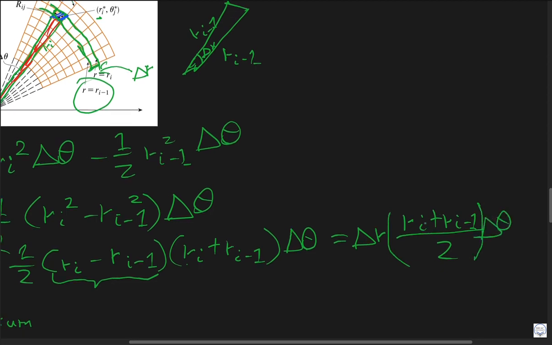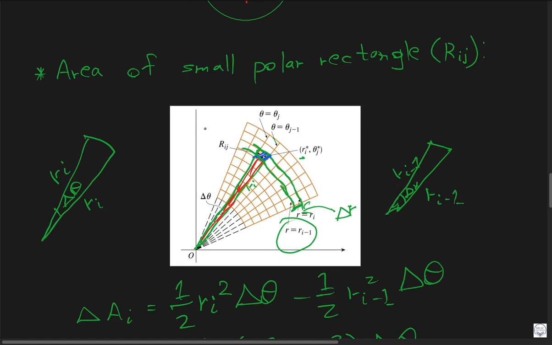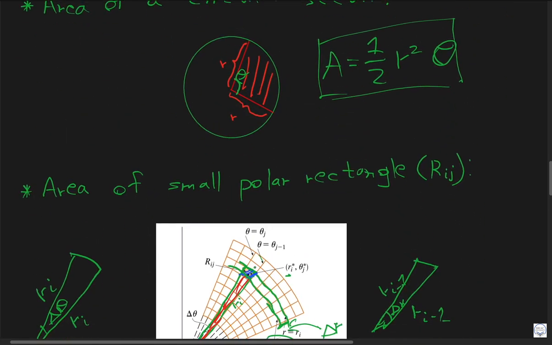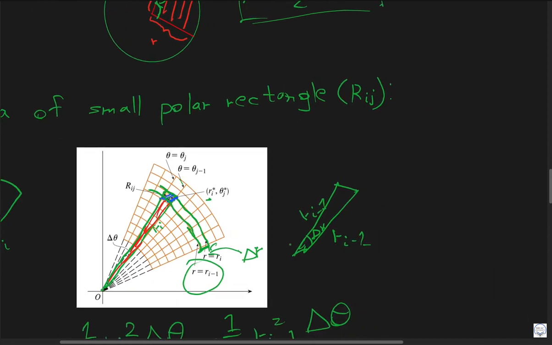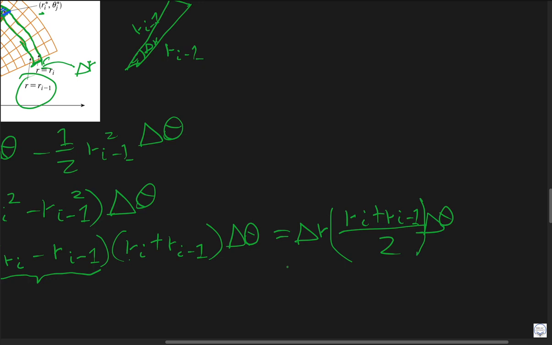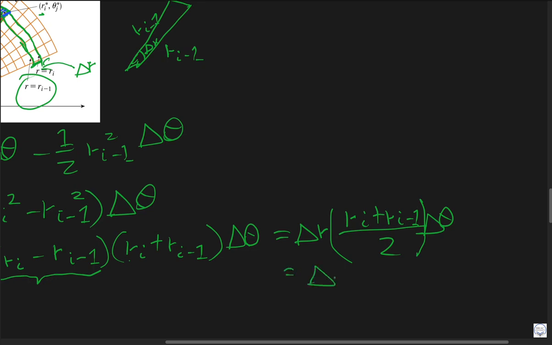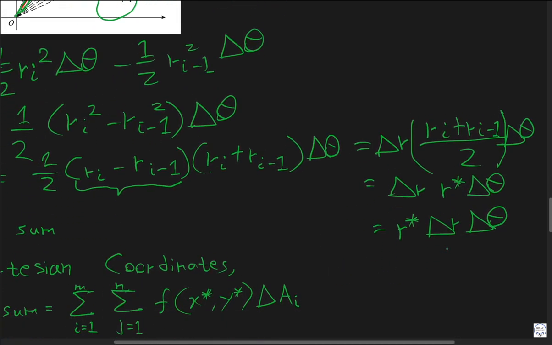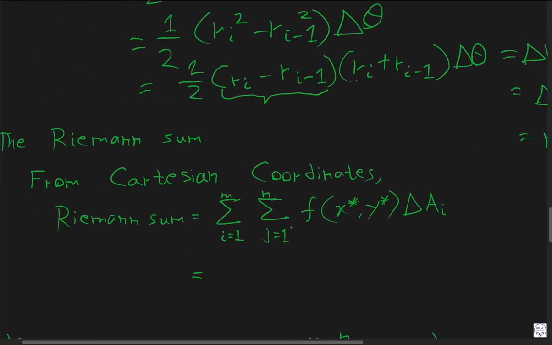Now this is nothing but our midpoint for this particular polar rectangle. So if this is the radial midpoint, R star, we will then have R star, delta R, delta theta. This is the same thing, just written a different way, and this will come in handy soon.